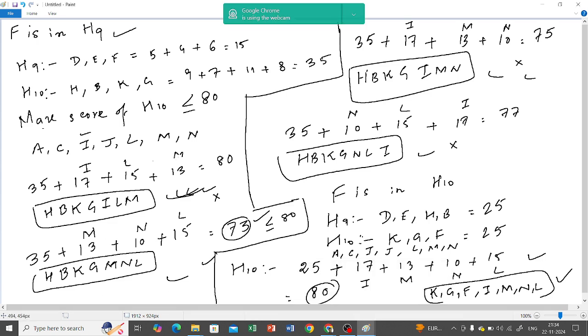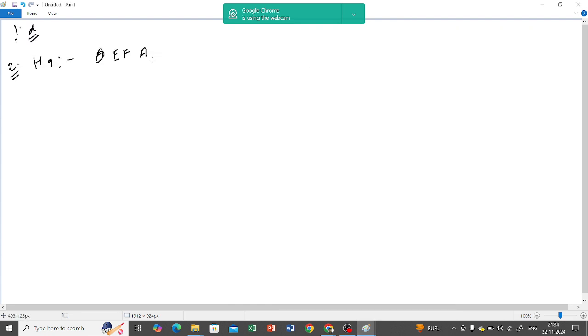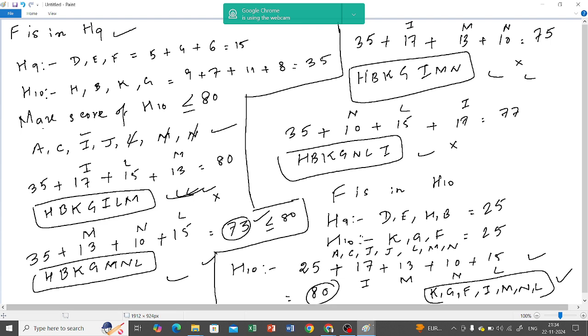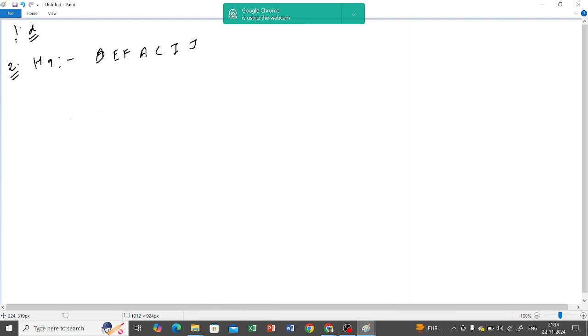See, this is what I have, right? And from this team, MNL. So MNL I remove, right? So ACIG, these four are left. This will go to H9. So DEF ACIG. If you add all of them, you are going to get 102. This is the answer.